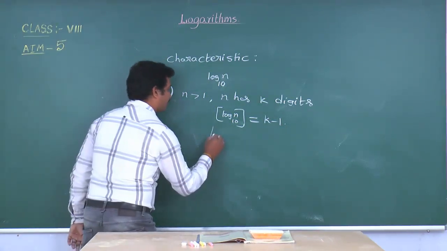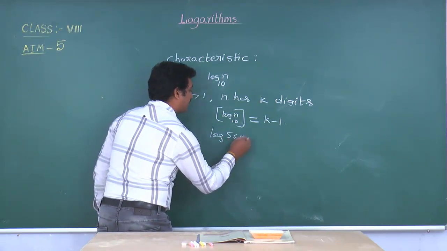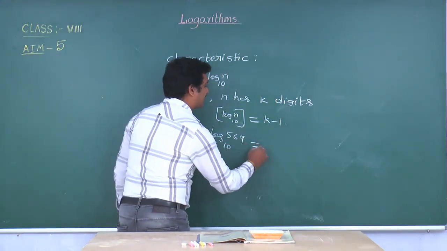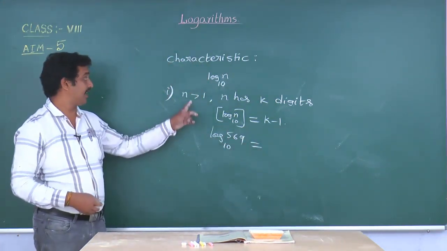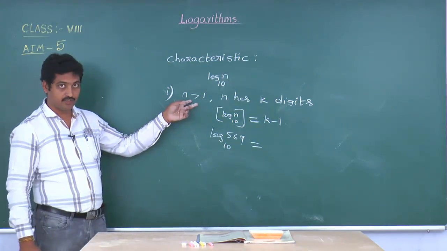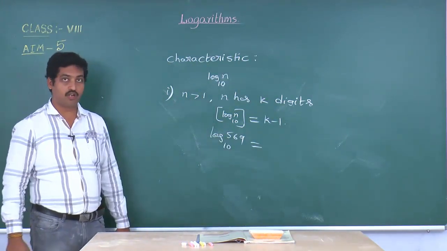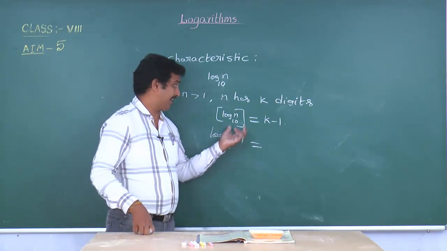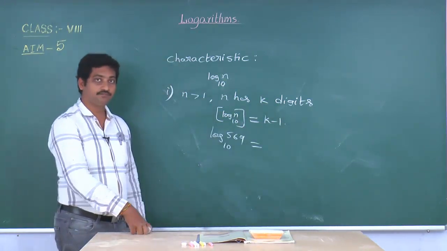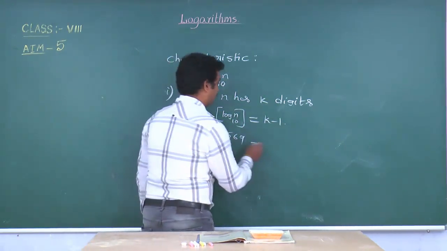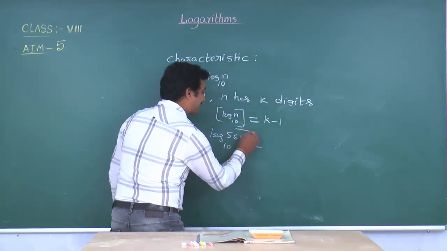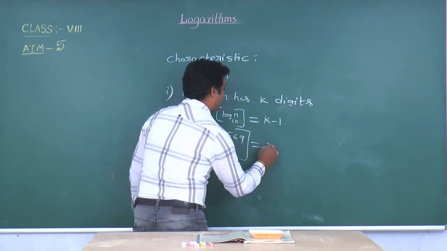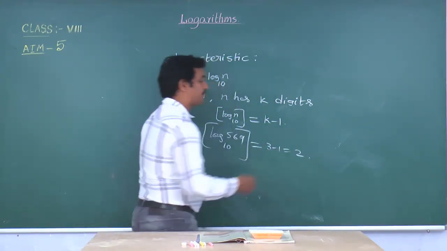For example, log 569 to the base 10. What is its characteristic? 569 is greater than 1, so we check whether it comes under this working rule. 569 has 3 digits. Its characteristic is nothing but 3 minus 1, which is equal to 2.